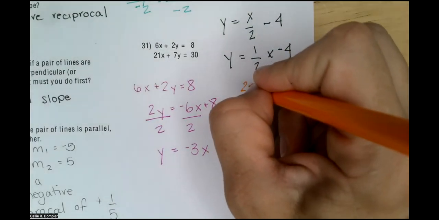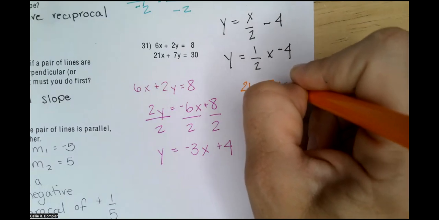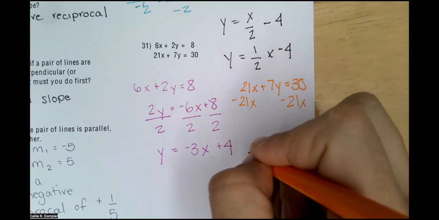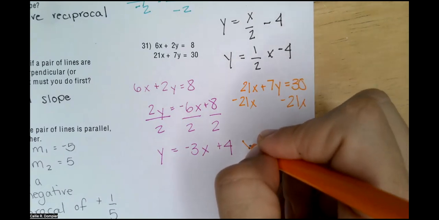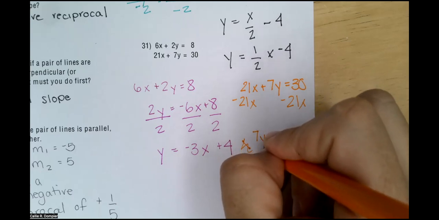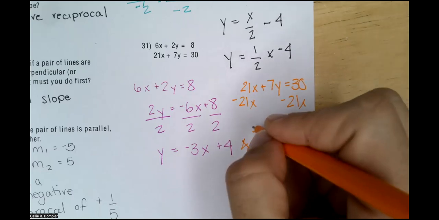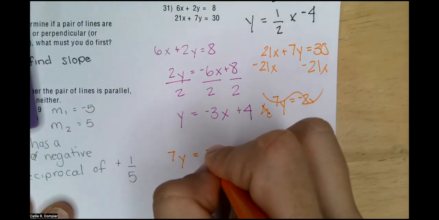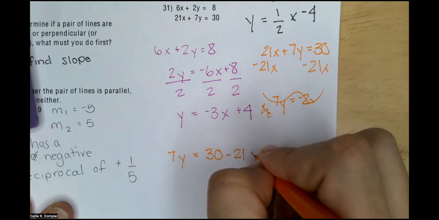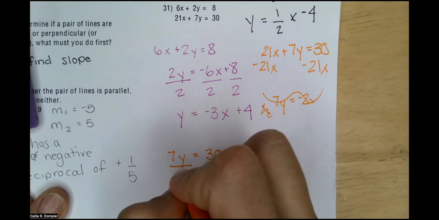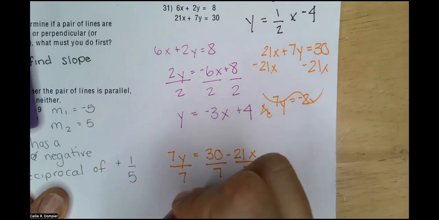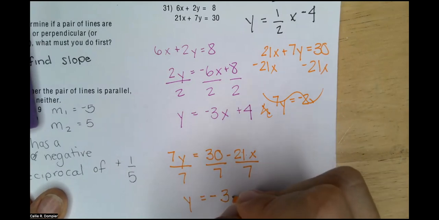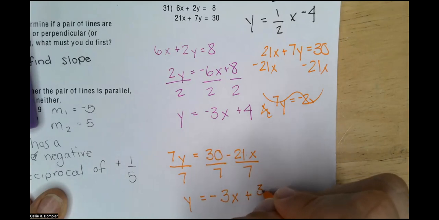The other one is 21x plus 7y equals 30. Subtract 21x. I'm out of space and it's making me unhappy. 7y equals positive 30 minus 21x, because we moved it. Divide by 7. y equals negative 21 over 7 is negative 3x plus 30 over 7.